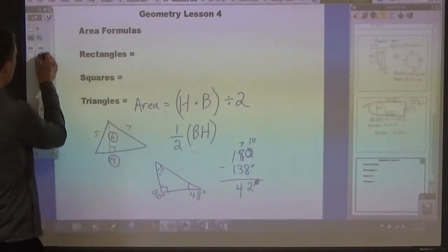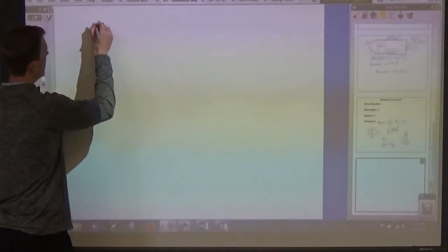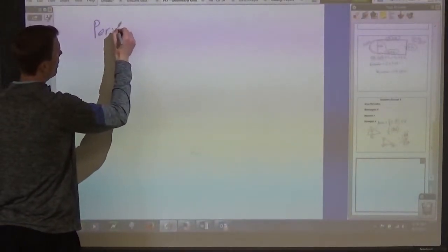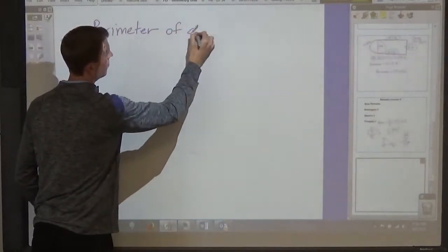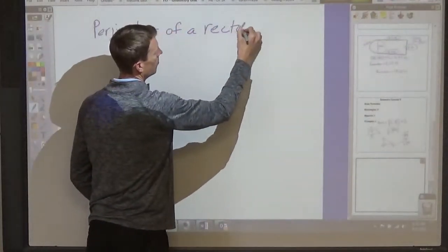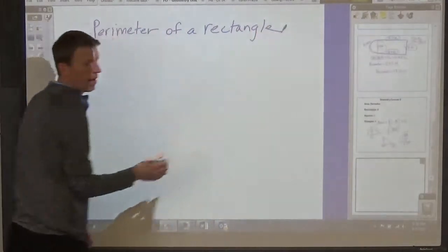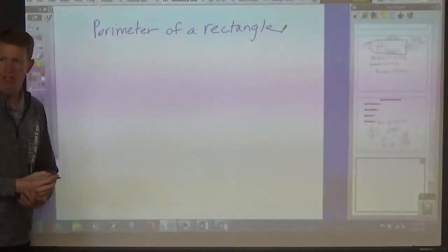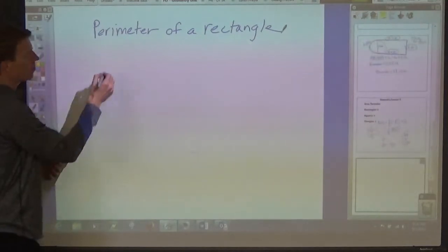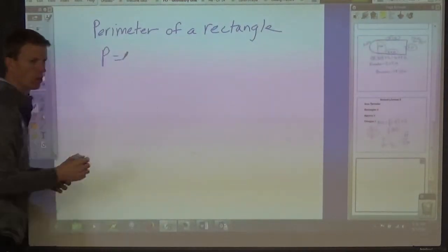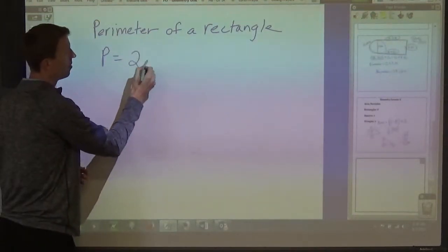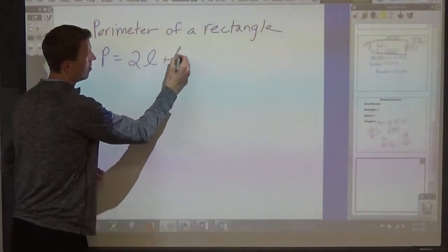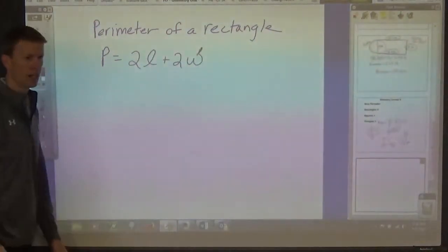I think I'll put that on this. Perimeter of a rectangle. And what was the formula again? Who knows the formula now? P equals Bethany? 2L plus 2W. Good. 2L plus 2W.